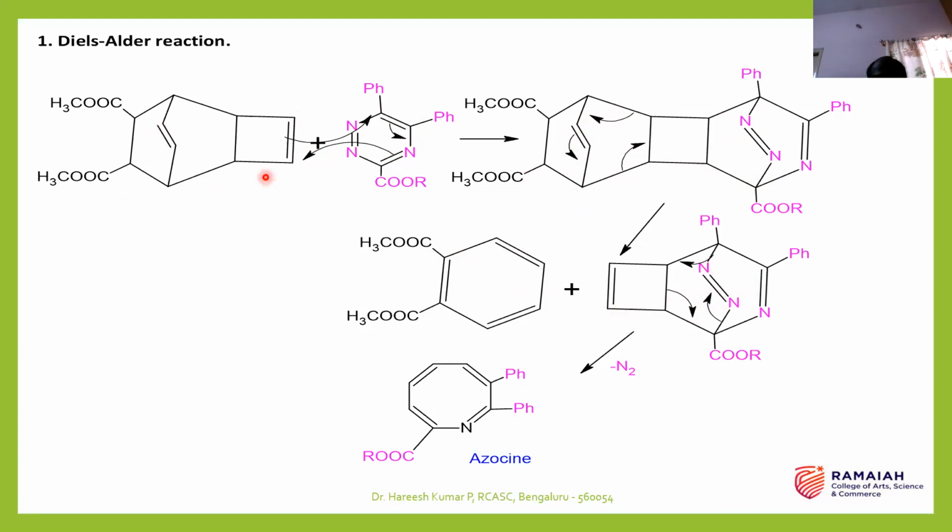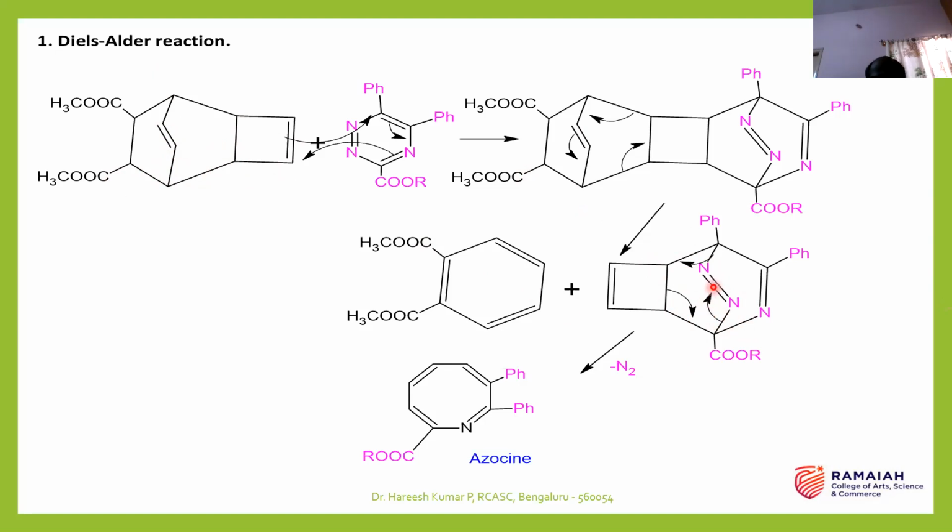The reactant is a bicyclic compound, and the product is also a bicyclic compound, but the difference is that here there is a double bond, whereas here you can observe the azo group. Then this also undergoes reorganization.